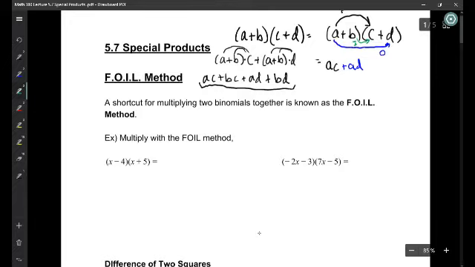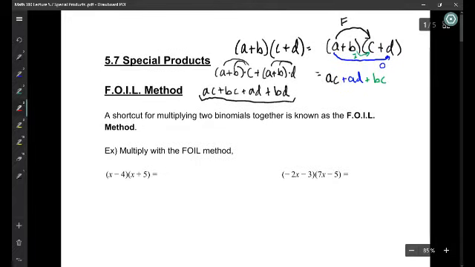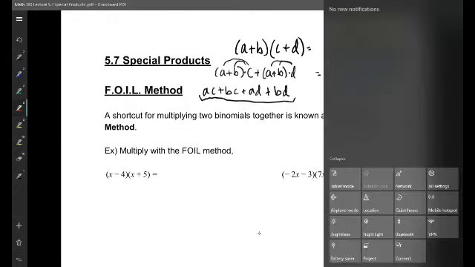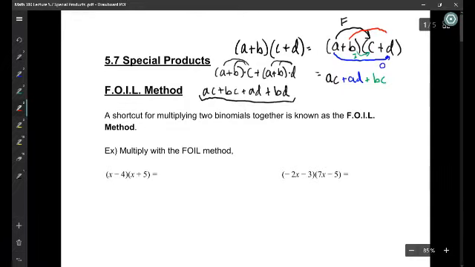So BC, so plus BC. And then lastly, well, we have the last terms. So B times D. This is where we get this acronym of FOIL from: first, outside, inside, last. And as you can verify, AC, BC, and BC, AD, AD, BD, and BD.